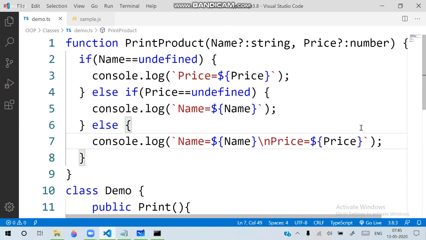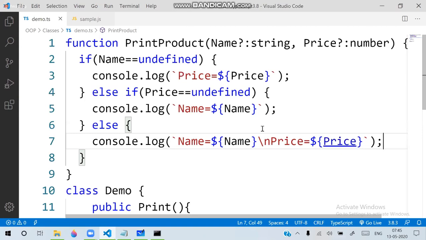So if name is not defined, print only price. If price is not defined, then print only name. If both are defined, then print both details here.